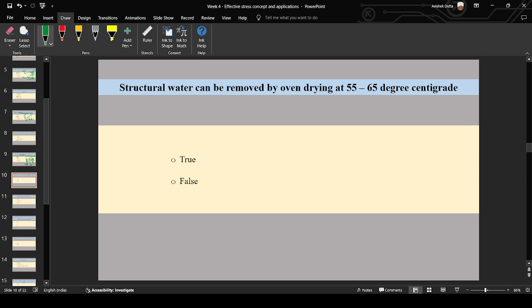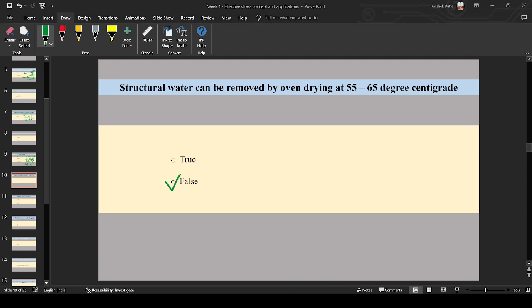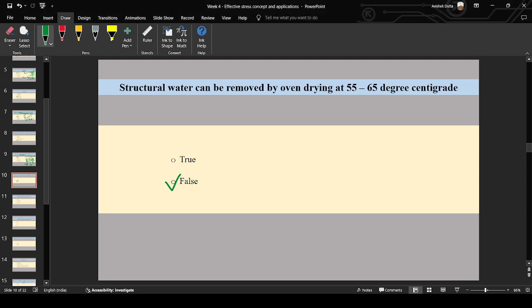So 55 to 65 degrees centigrade is a very low temperature. It cannot help in removing the structural water. Okay, it is false. Any doubt? I'll go to the next question.